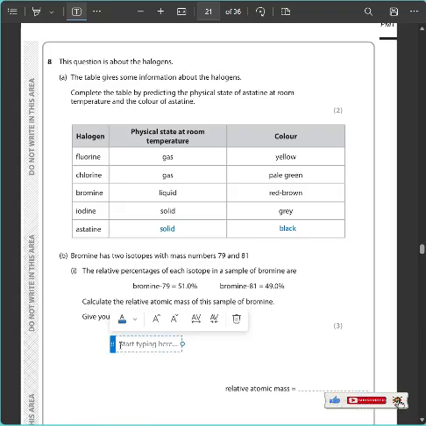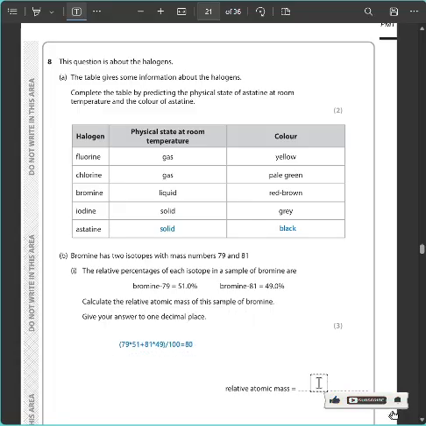Okay, for finding this, we multiply 79 by 51 plus 81 multiplied by 49, and we divide all by 100, and the answer will be around 80.0.